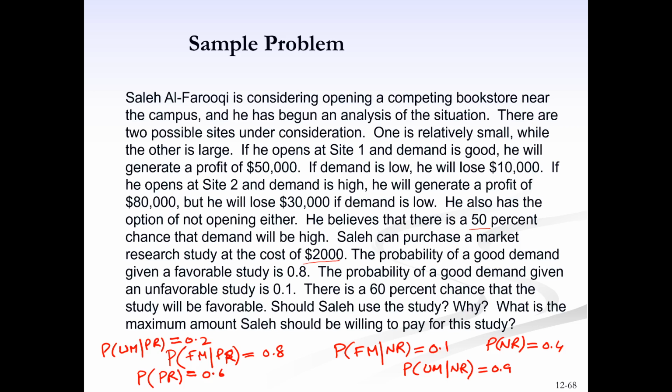Similarly, probability of unfavorable market given that positive report is equal to 0.2. We have all these probabilities. We don't have to revise them. We just make the decision tree, with two sequence of decisions, and that is given in the next slide.